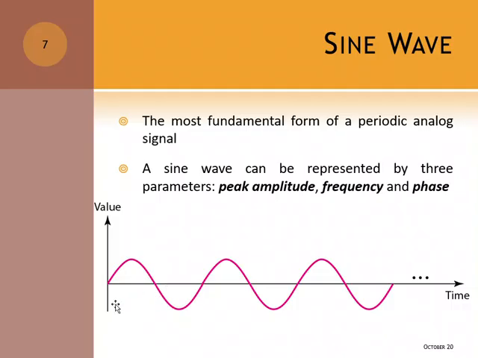Ini adalah satu cycle, 2, 3. Dan masa yang diambil untuk melengkapkan satu cycle ni, we call it as period. Masa daripada sini ke sini dipanggil satu period, 2 period, 3 period.